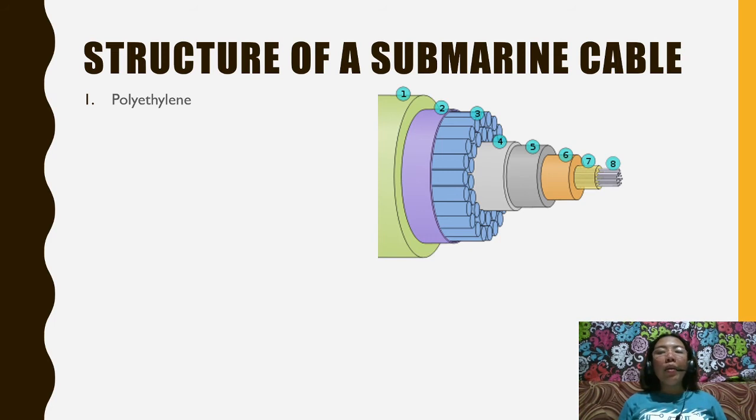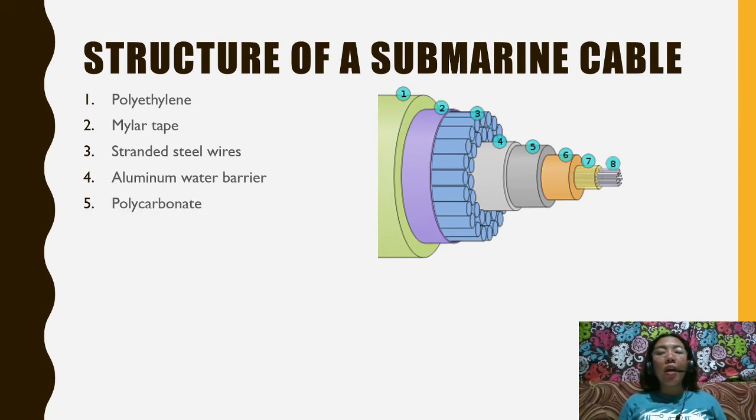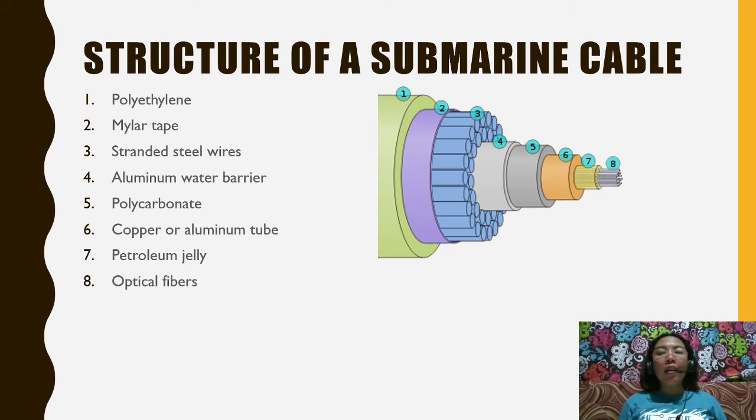Number 1 is polyethylene, and 2 is a mylar tape, 3 are stranded steel wires, 4 is aluminum water barrier, 5 is a polycarbonate, 6 is a copper or aluminum tube, 7 is a petroleum jelly, and 8 are optical fibers.